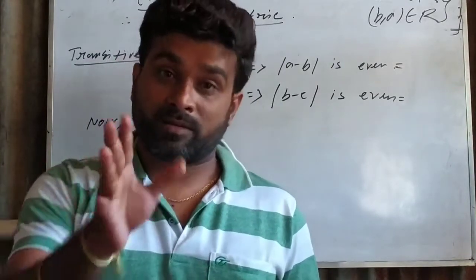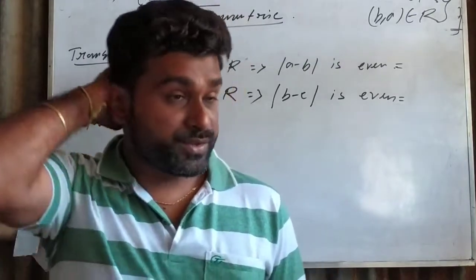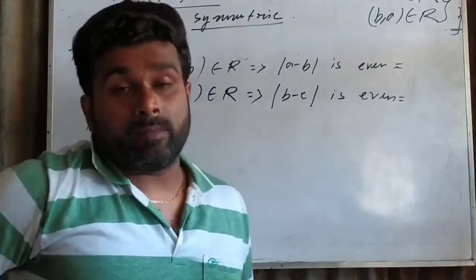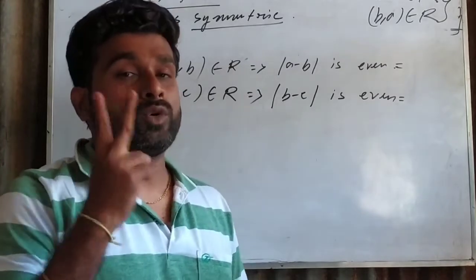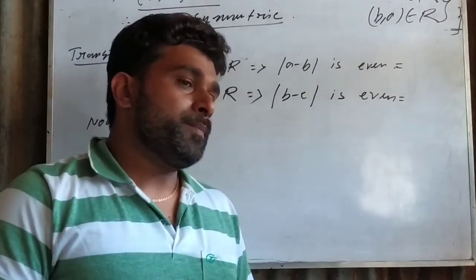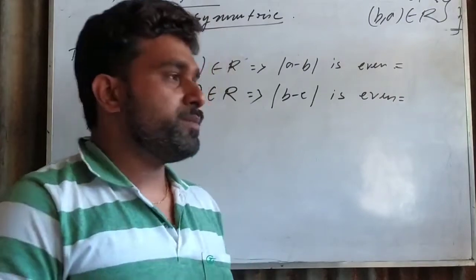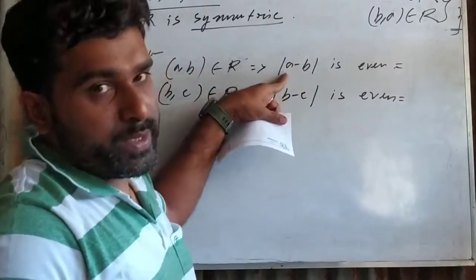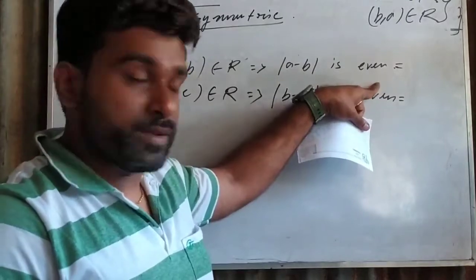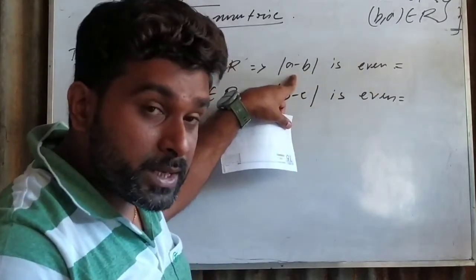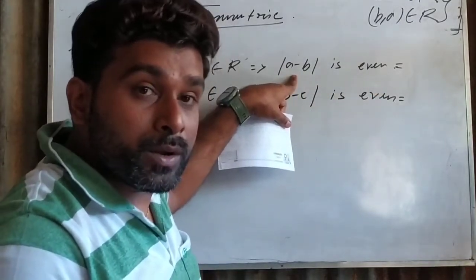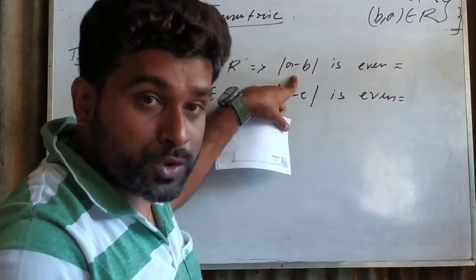Just class 6, 7 or 4, 5 standard questions. So even number means a number which is divisible by 2. That means an even number should be a multiple of 2 also. That means mod of A minus B is even. Very good. That means this mod of A minus B should be a multiple of 2 also.